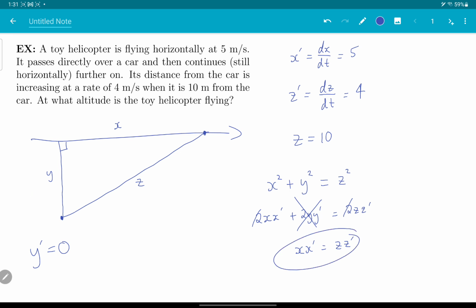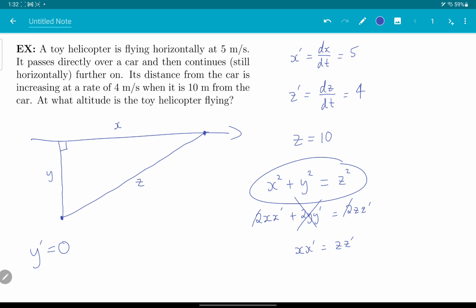And this is where we are. We've got this, trying to find y. So what do I say to myself? I say, maybe I can find x and z in my problem down here, and then plug them into my Pythagoras to find y. That's what I'm thinking here.